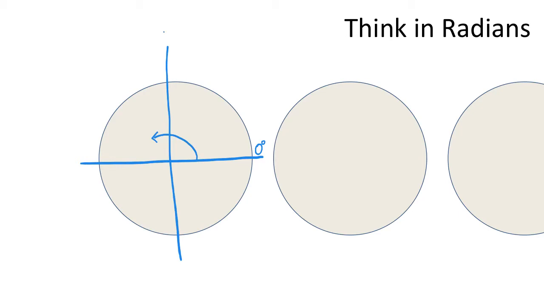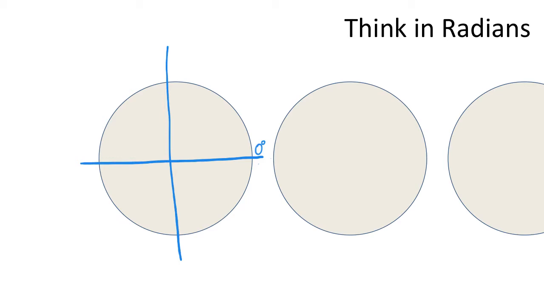In grade 11, you would have looked at this as 90 degrees, 180 degrees, 270 degrees, and then 360 degrees, right? Okay, so no longer. We are now going to live in the world of radians. So let's think about how big each of those angles is when we're talking in radians.